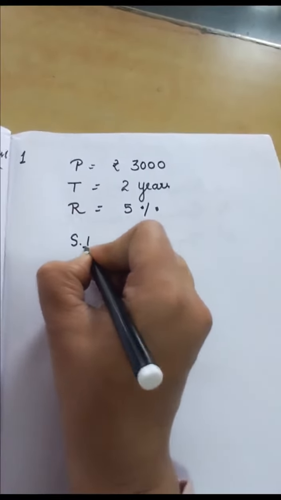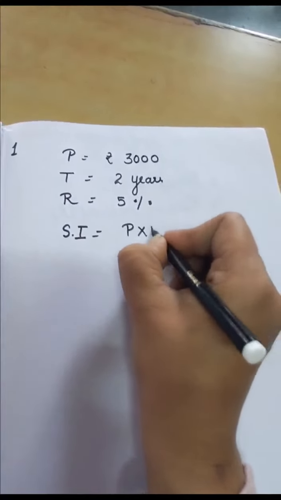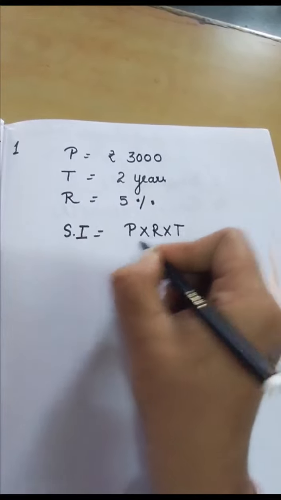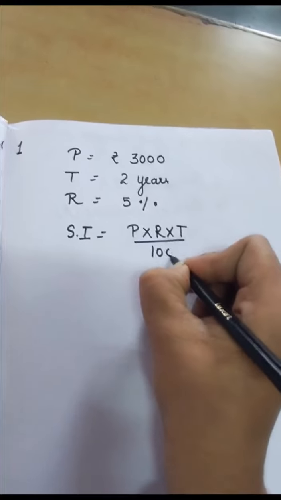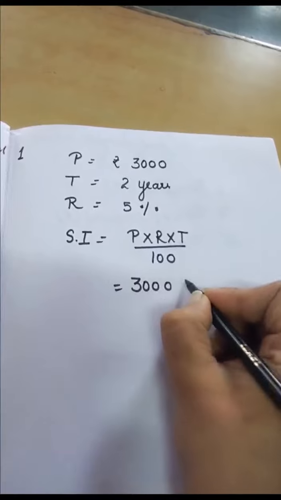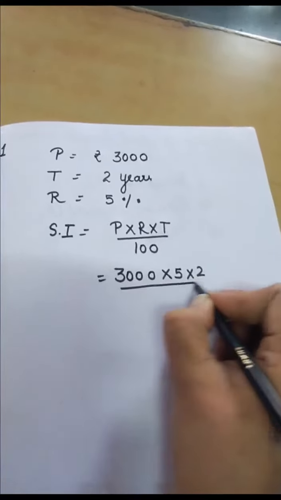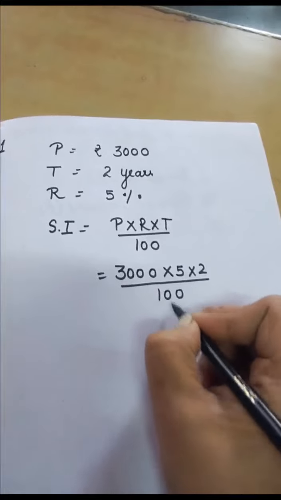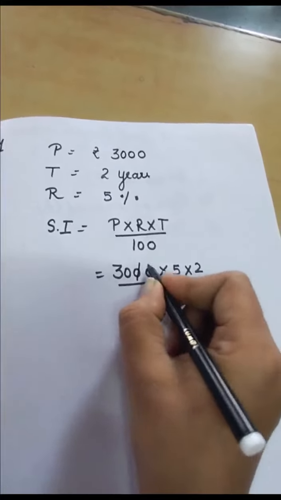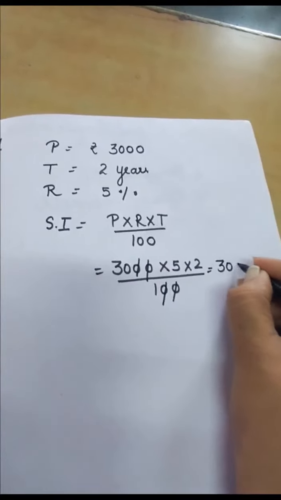So now we have to calculate the simple interest first. Principal into rate into time upon 100. So here our principal is 3000, rate of interest 5%, time 2 years, over 100. Now zeros are cancelled by 0. So 5 2s are 10, 10 3s are 30 and 1 0.